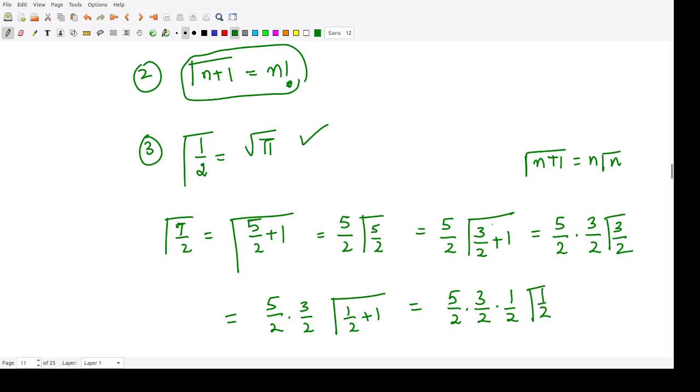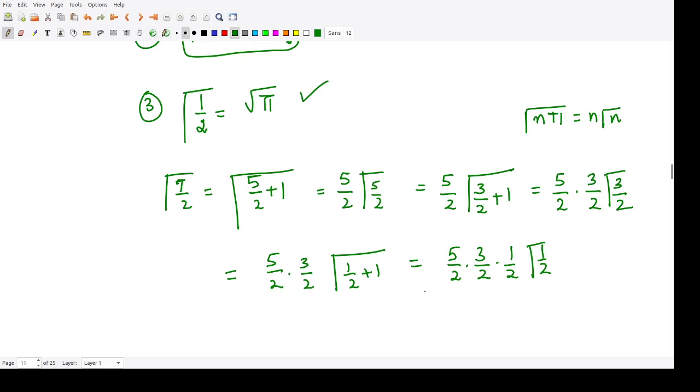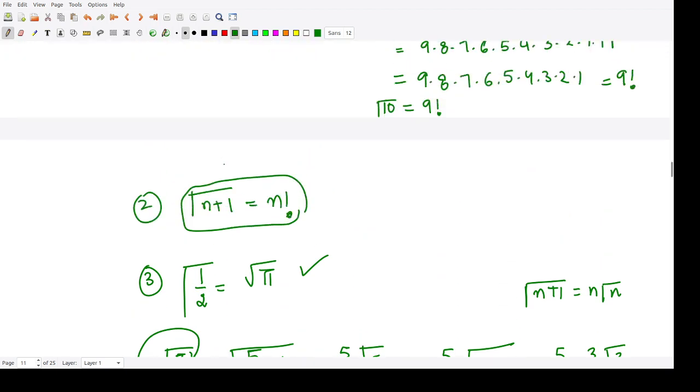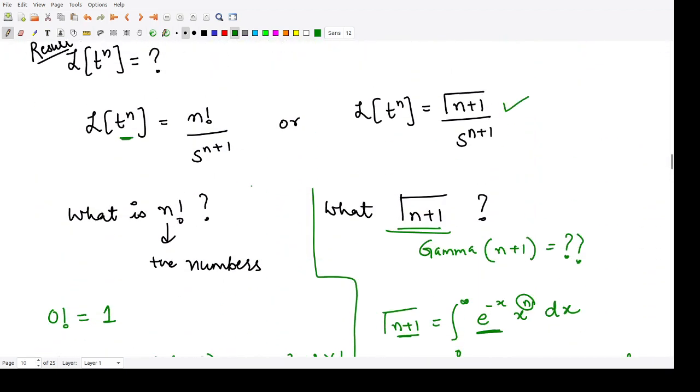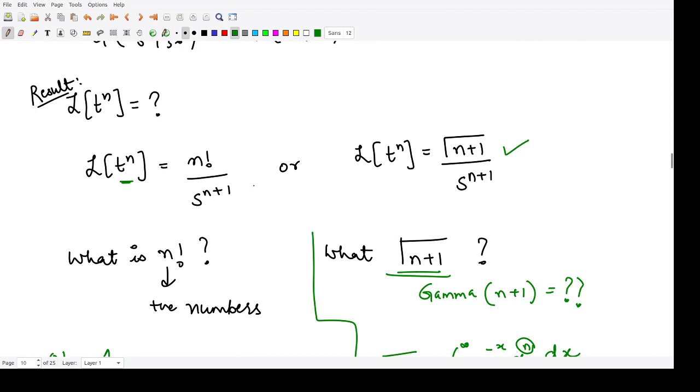And what is gamma of 1 by 2? It is square root pi, so the value becomes 5 by 2 into 3 by 2 into 1 by 2 into square root pi. So this is the value of gamma of 7 by 2. This is how you calculate gamma n factorial for different quantities.